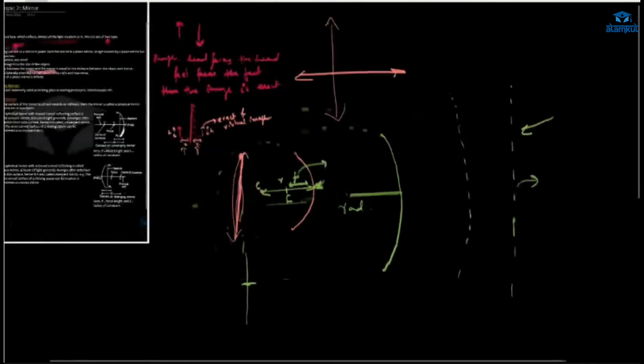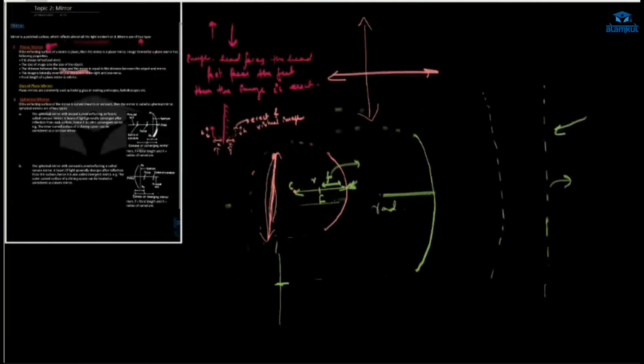We will see about spherical mirrors and the radius of curvature that I told you about in the next class. Now the time has got over, so we have done our intro to reflection of light. This was just a short intro.